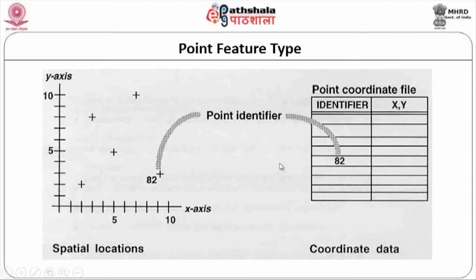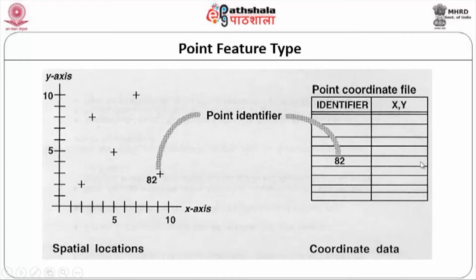Let us see how a point feature works. As you know, here is the spatial location, x axis and y axis, and the ID given is 82. The point coordinate file is translated from here to here. This is the coordinate data. The x value and the y value will be stored here.